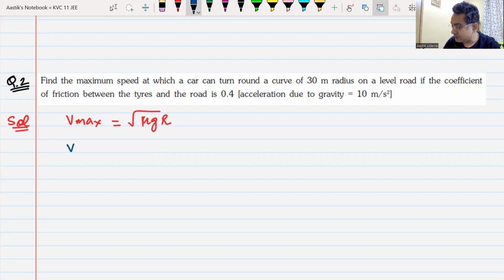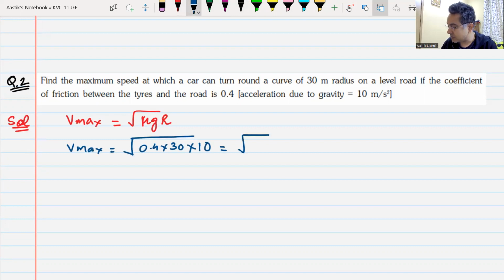Put the values, get the answer, and stay happy. Under root, mu is 0.4 into 30 multiplied by 10. So I think you will get something around root over 120, which is approximately 11 meter per second. Square of 11 is 121. Do we understand this? Yes or no?